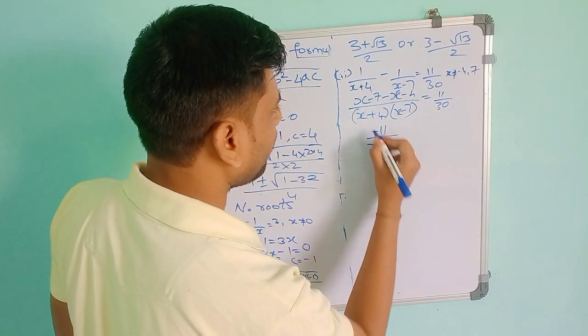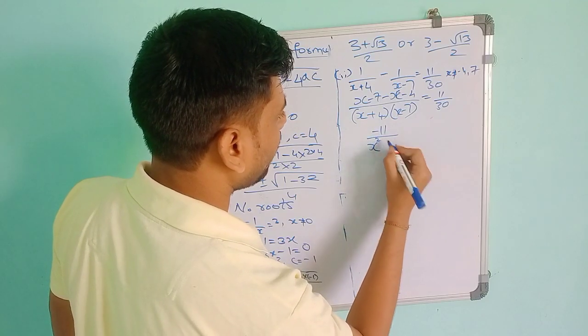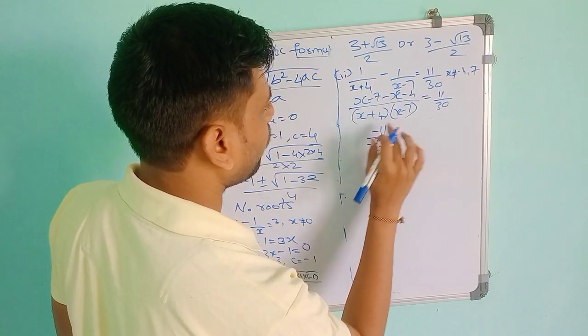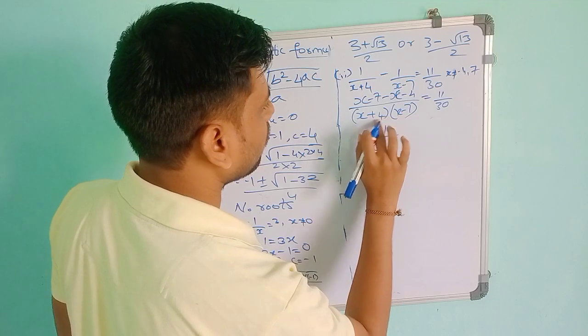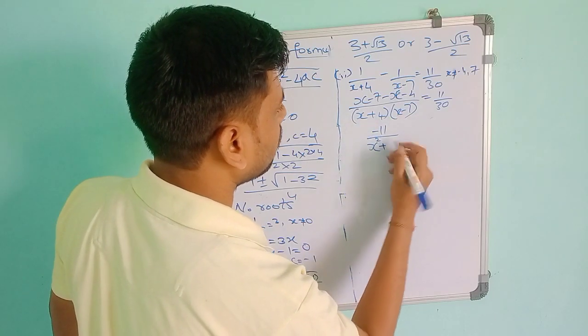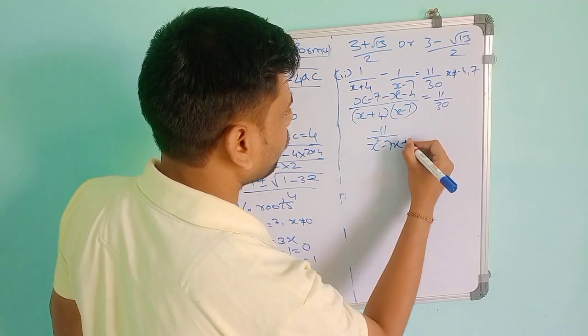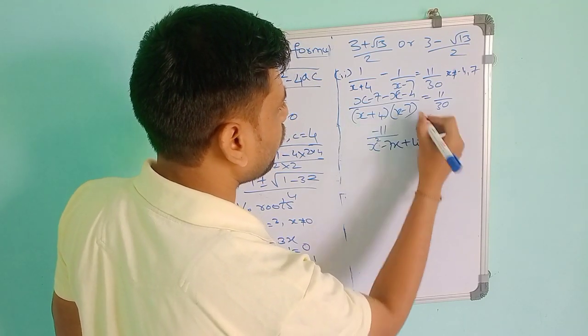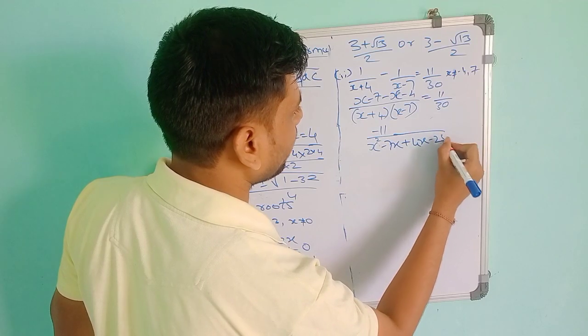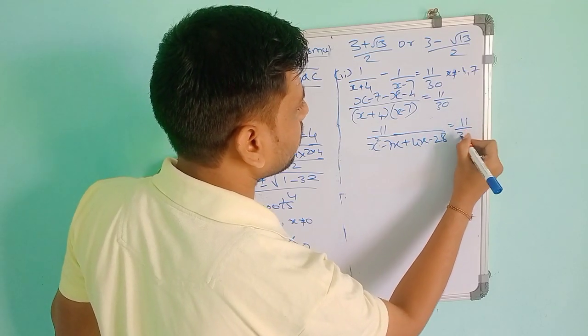The denominator, x plus 4 into x minus 7, will be x square, x into x is x square, x into minus 7 is minus 7x, 4 into x is 4x, and 4 into minus 7 is minus 28, is equal to 11 by 30.